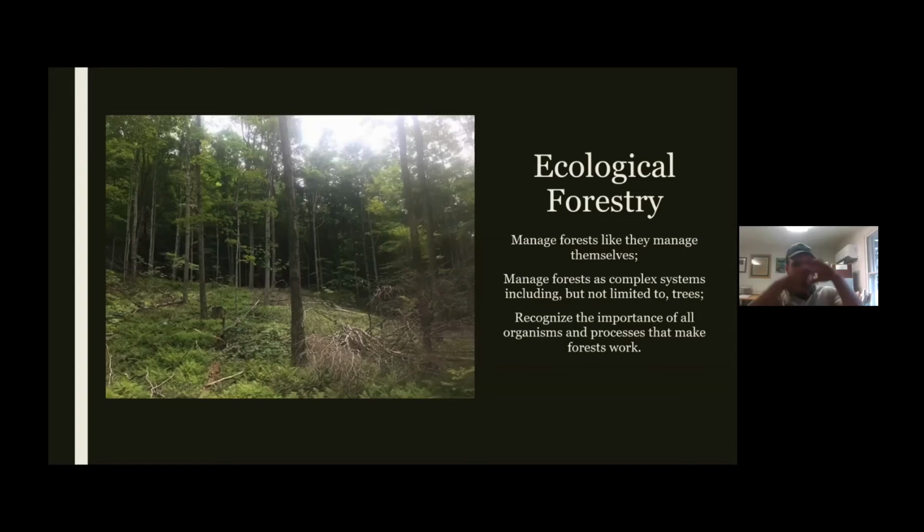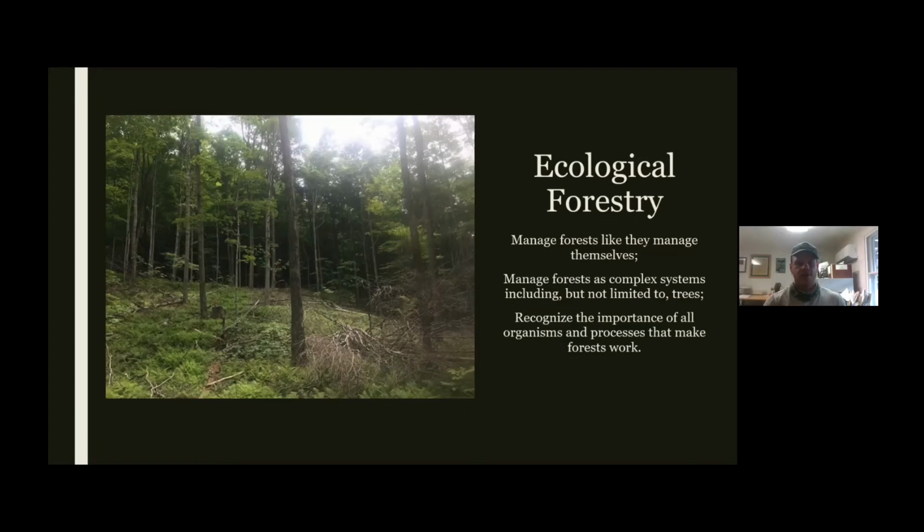So it's this whole volume of life, not just growing this tree to be a stick of saw timber, and when it gets to be 18 inches in diameter, I'm going to cut it and send it to the mill. It's a much more holistic approach, recognizing the importance of not just trees, but all the organisms and all the natural processes that make forests work.